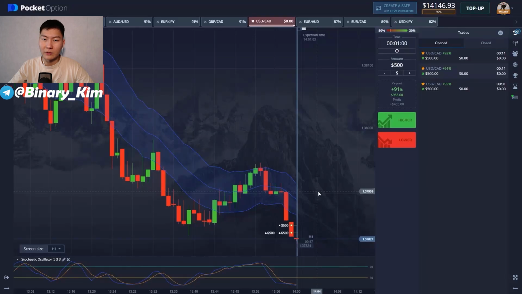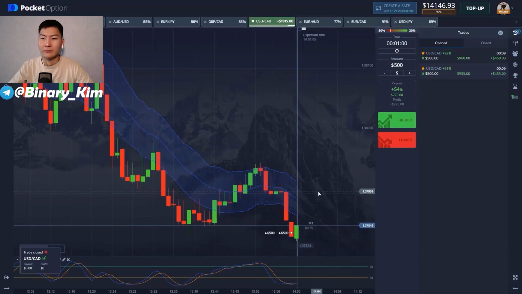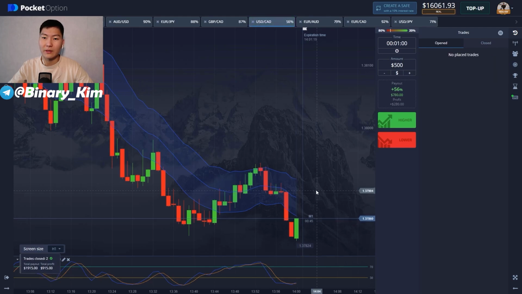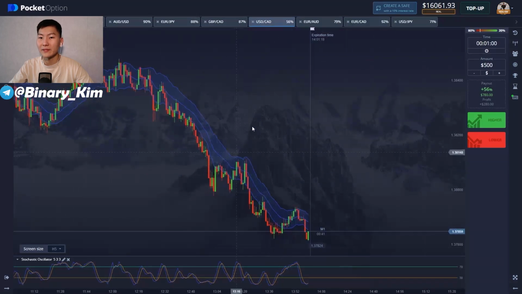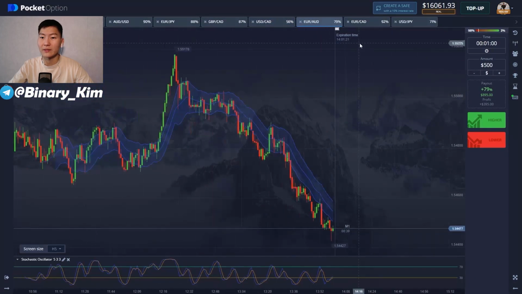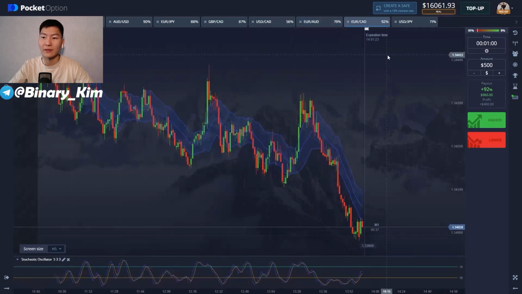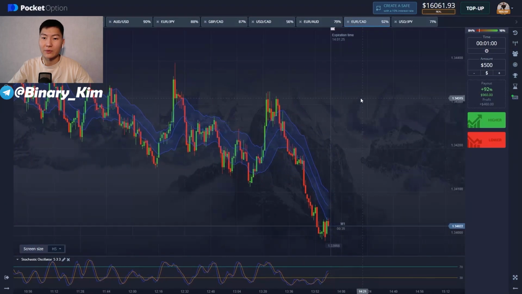And the first one ended up at a loss. Unfortunately, we were a little late, but the breakout has already happened and the support zone played out perfectly, and the other two positions have been closed in profits and there are $16,000 on the balance. I guess we open two more positions and then we fix the profit.